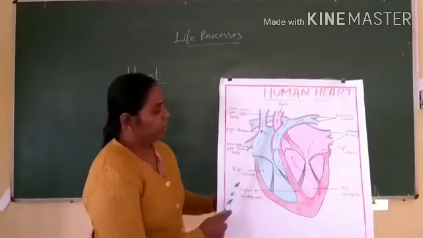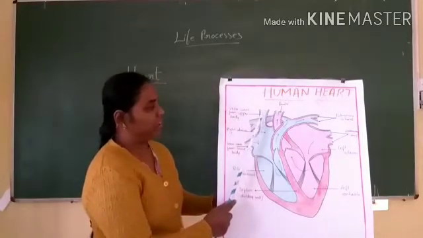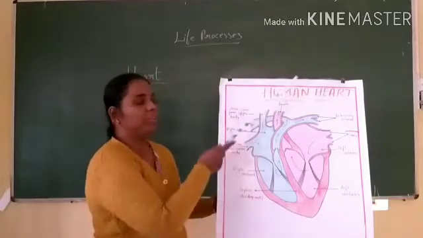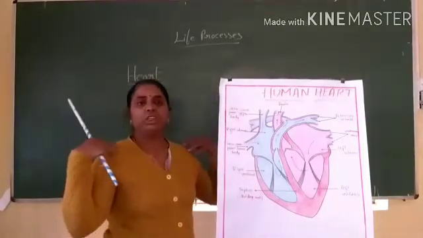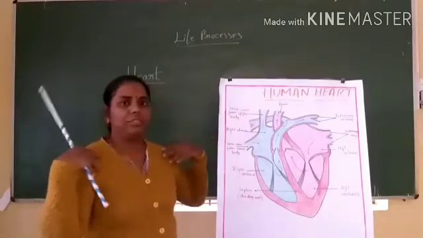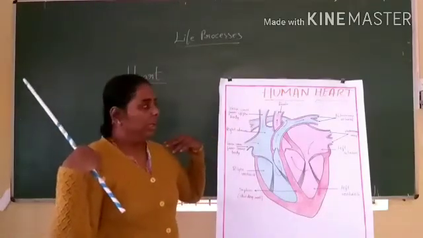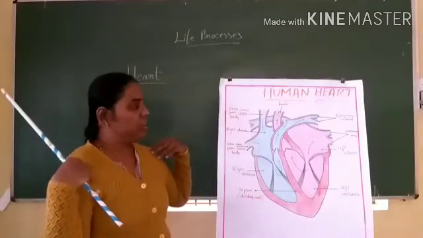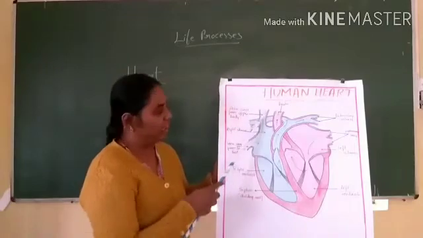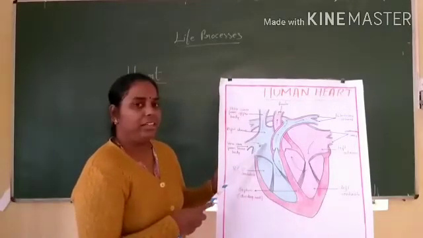The superior vena cava collects the deoxygenated blood from the upper part of the body, that is from the hands, shoulders and the head and neck portion, and dumps it into the right auricle.